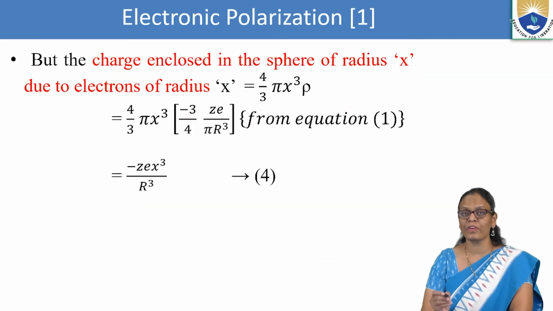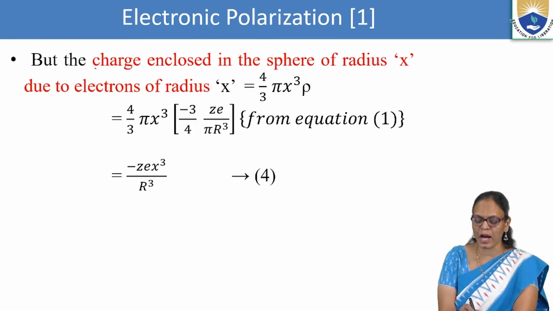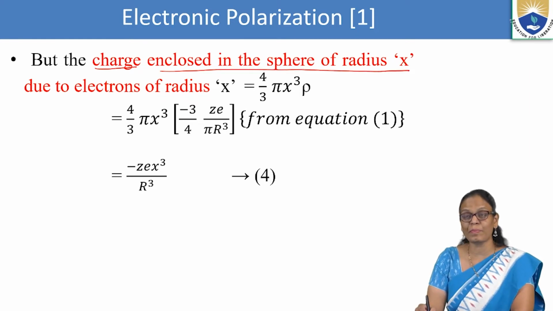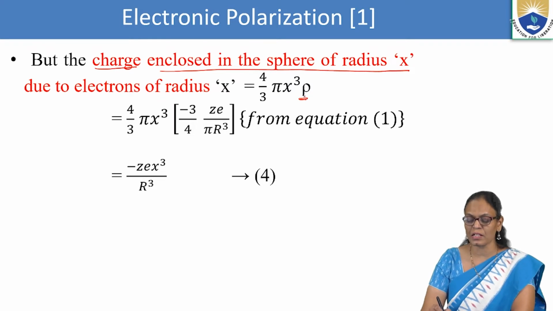So this gives us the Coulomb force. So now we will find out what is the charge that is enclosed in the sphere of radius x. So what will be the charge enclosed in the sphere? It will be 4/3 pi r cube rho. Rho here is the charge density, so this is the charge per unit volume. Now we want it in a volume of 4/3 pi x cube, because we have taken a sphere of radius x. So how do we get the total charge enclosed by the sphere?